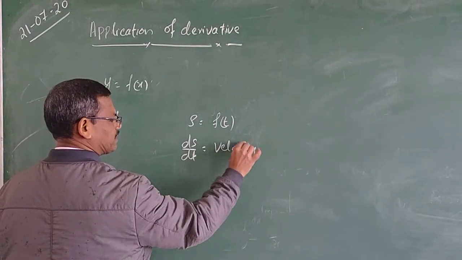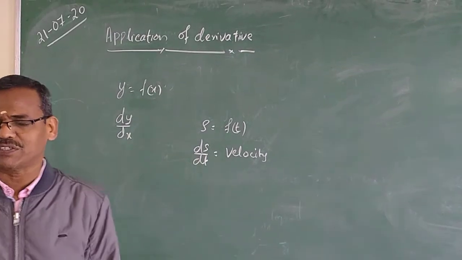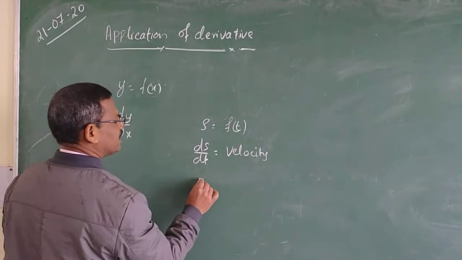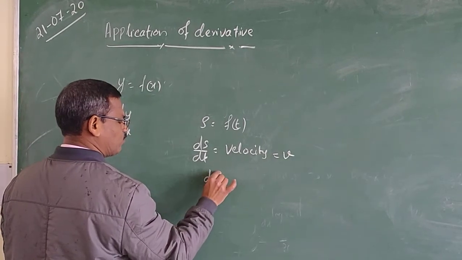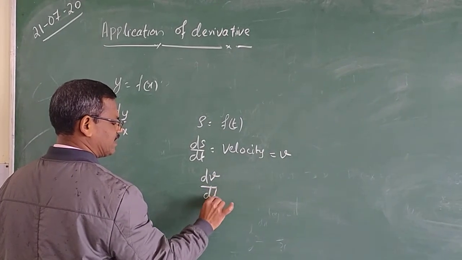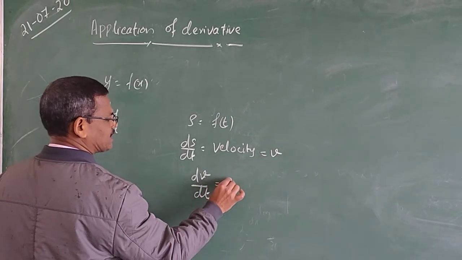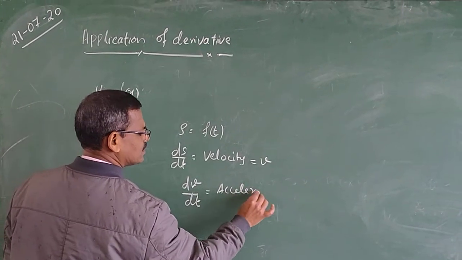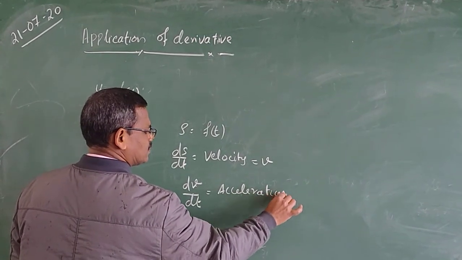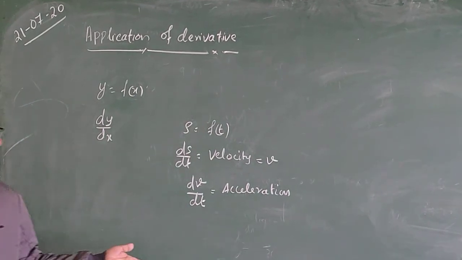So this is one application where we can find the velocity by using differentiation. If you mark the velocity as v, the rate of change of velocity with respect to time, dv by dt, is called the acceleration.